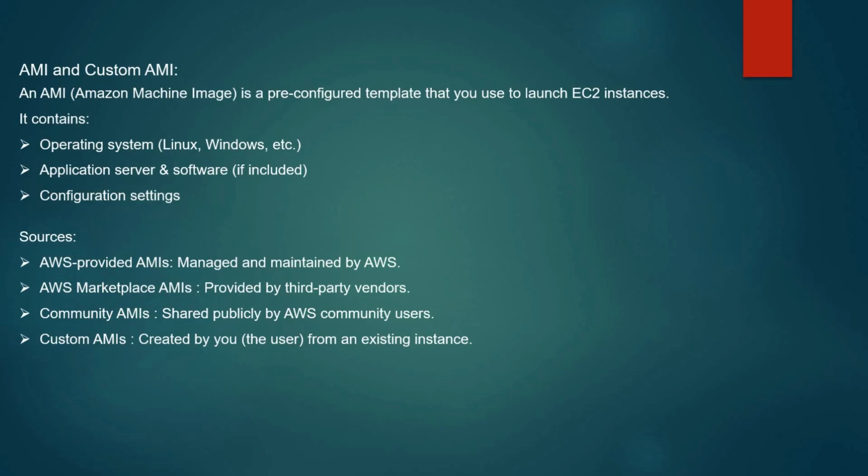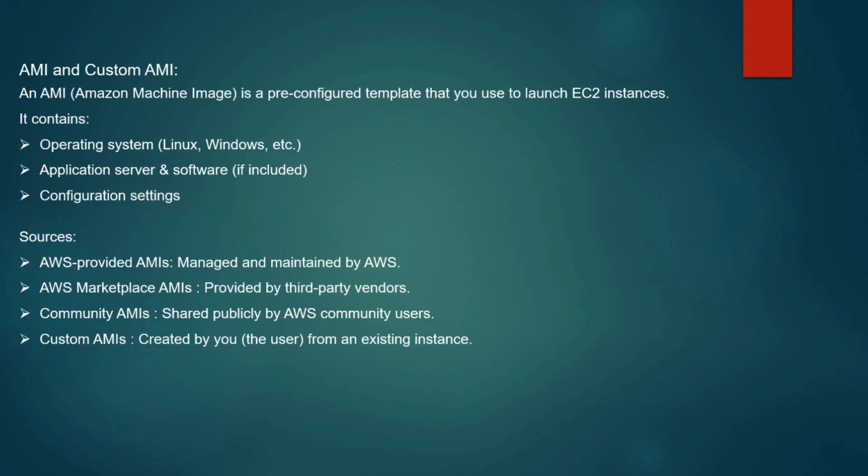Then custom AMIs. As the name itself says, we can clearly understand that it is created by us. We can create our own AMI image from an existing instance. After launching the instance, from that itself, you can create a custom AMI.